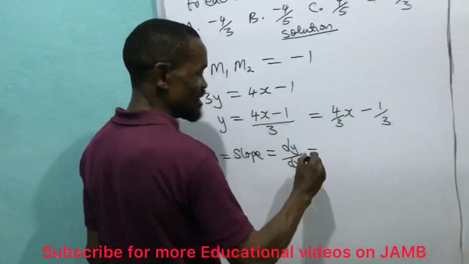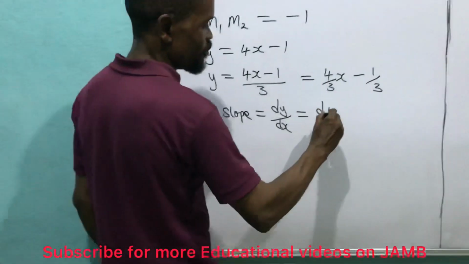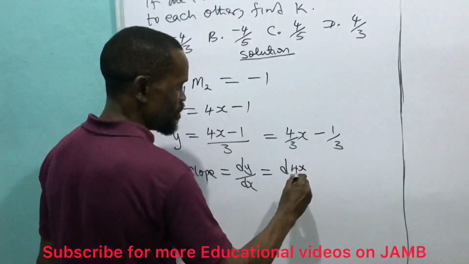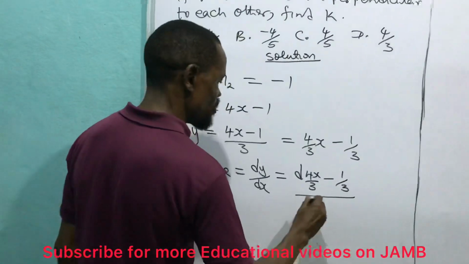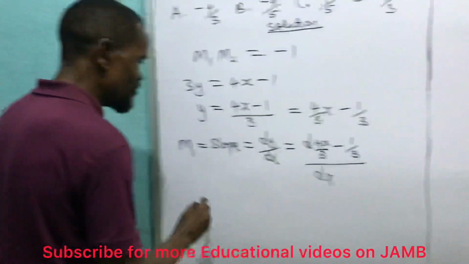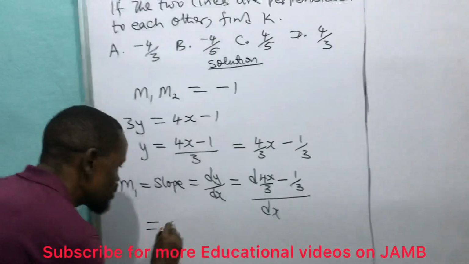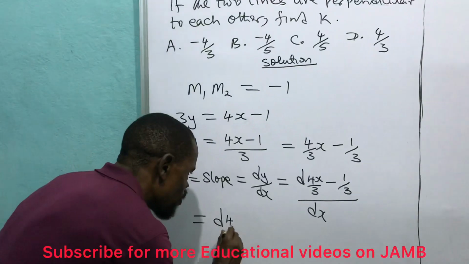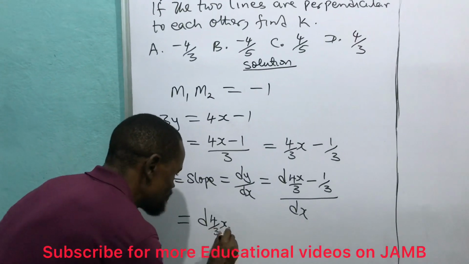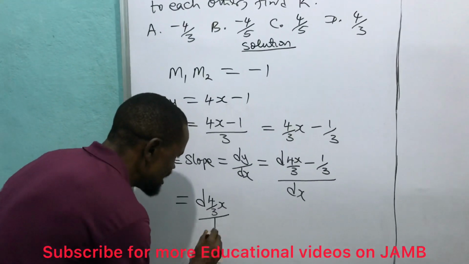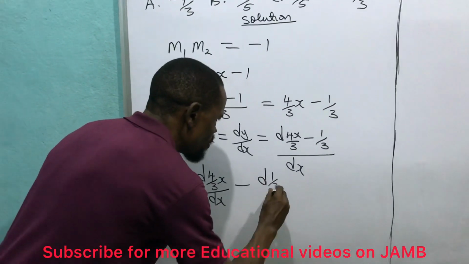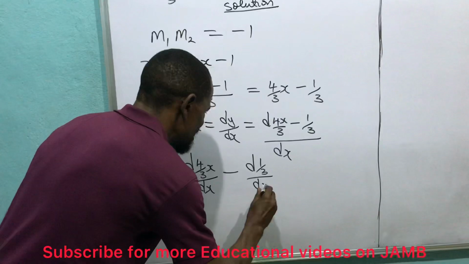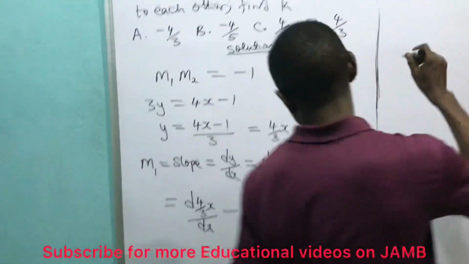Then I can say it equals d(4x/3) over dx minus d(1/3) over dx. Differentiating it now, I will have d(4/3 x) over dx minus d(1/3) over dx.